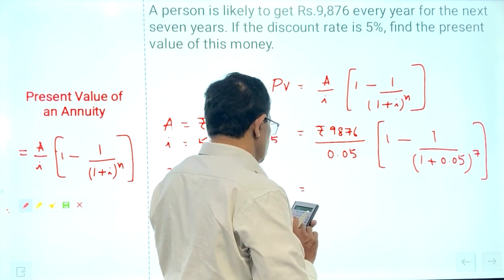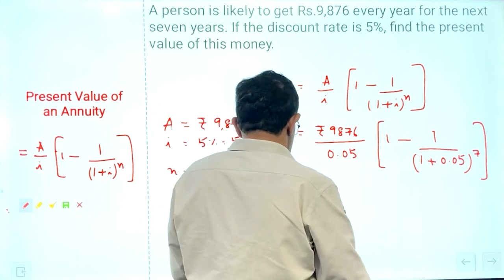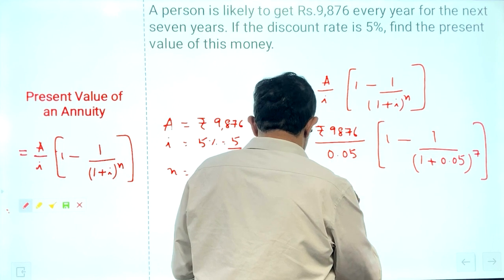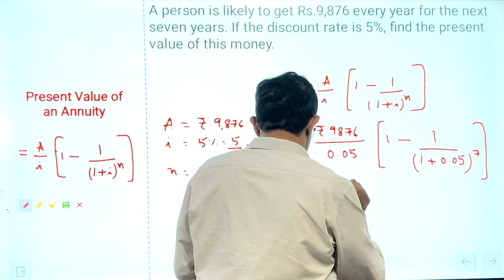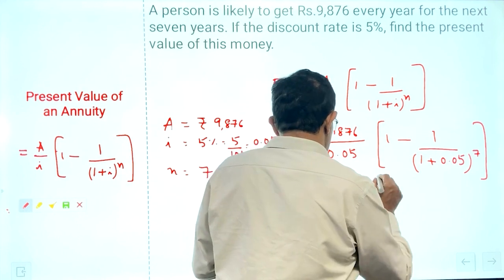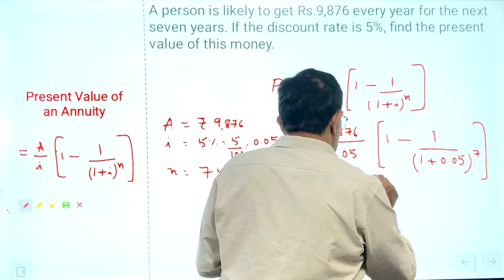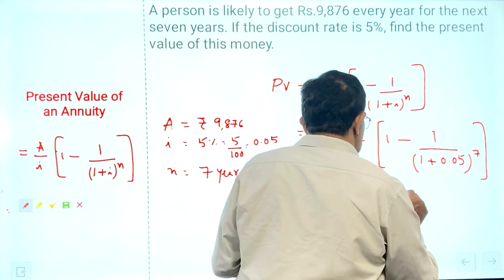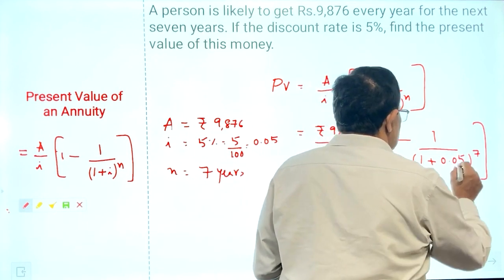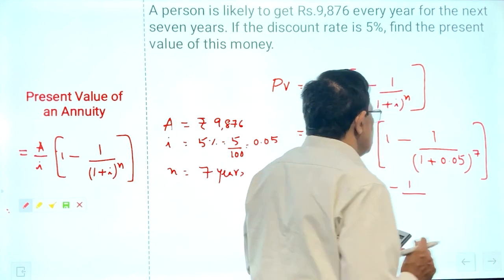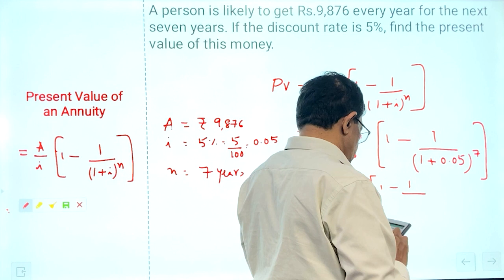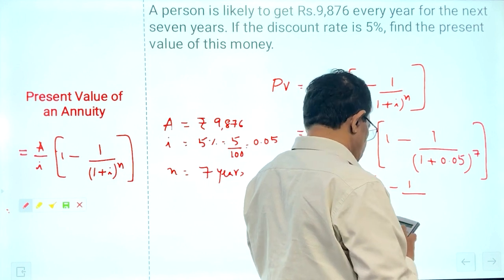This works out to 197,520 multiplied by 1 minus 1 divided by, this is 1 plus 0.05 is nothing but 1.05. So 1.05 to the power of 7.